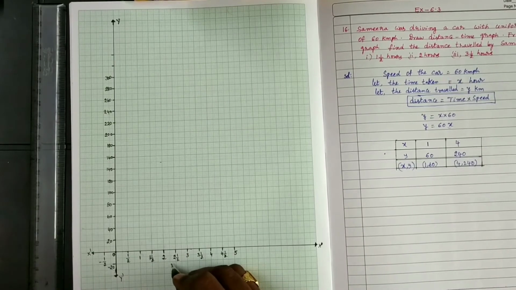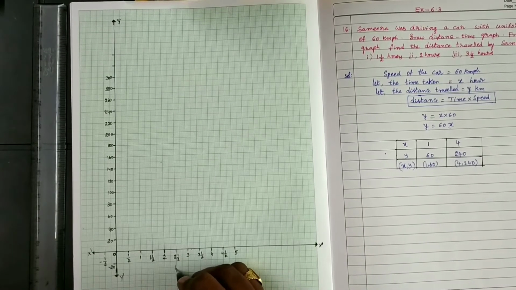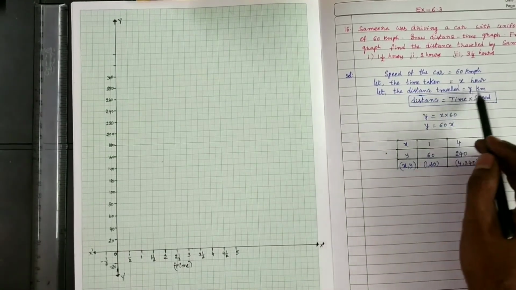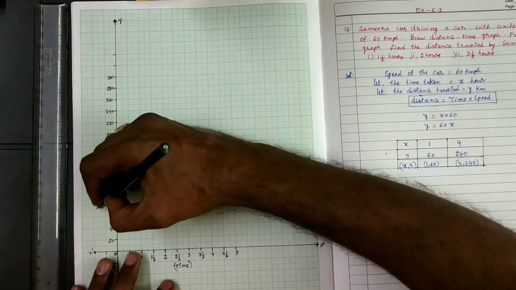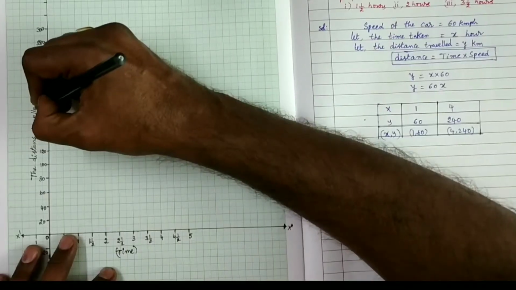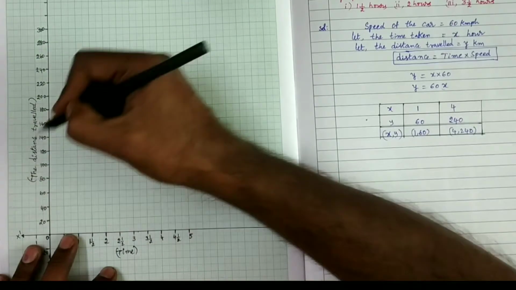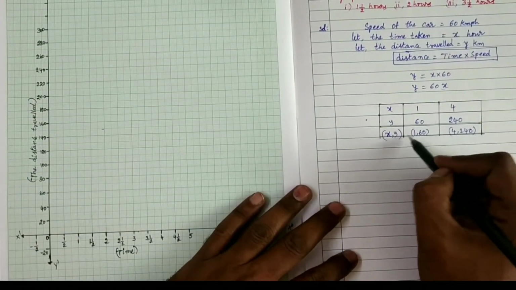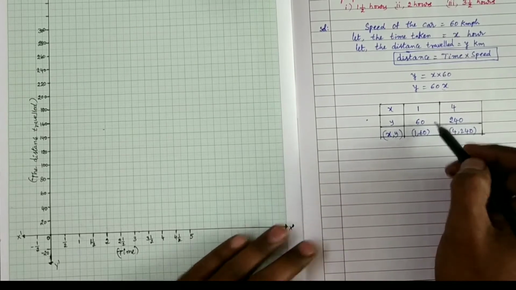The x-axis represents time and the y-axis represents the distance traveled. And mark the taken points. x comma y, the first point is 1 comma 60.